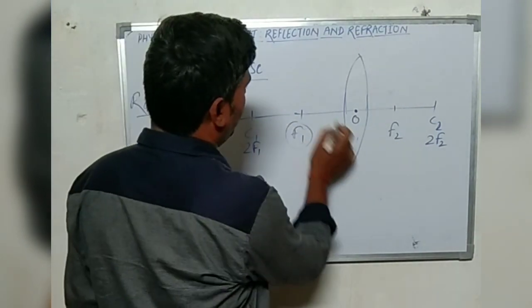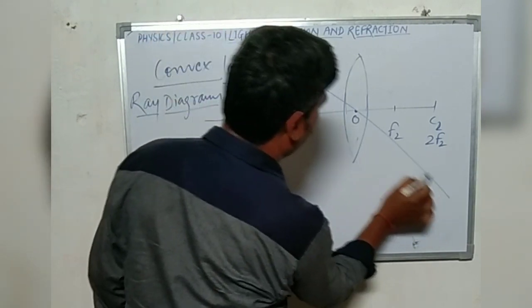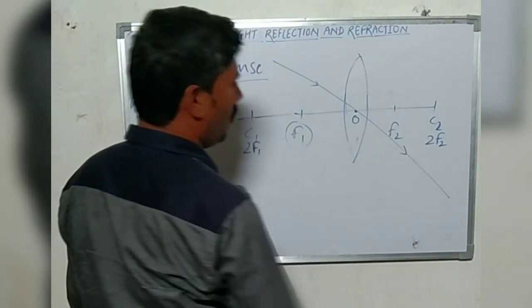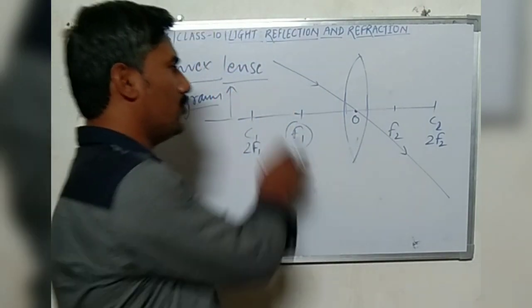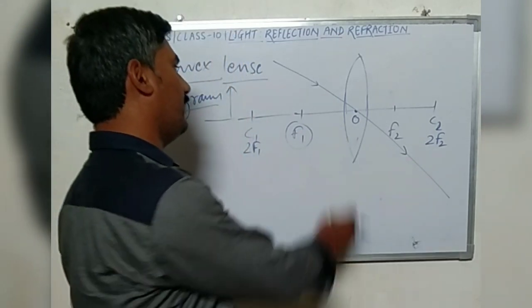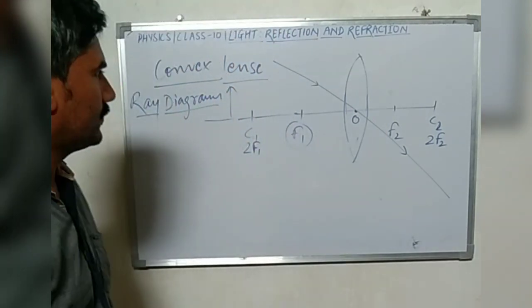There is one rule: when the rays of light from the object pass through the optical center, they go undeviated. There will not be any type of deviation when they pass through the optical center.